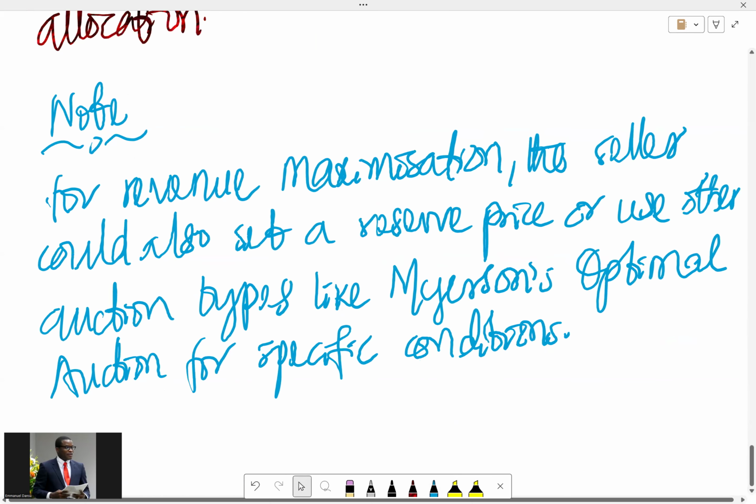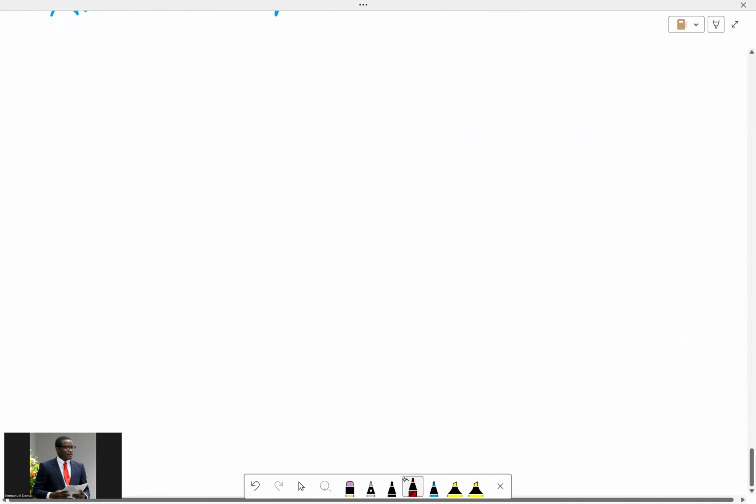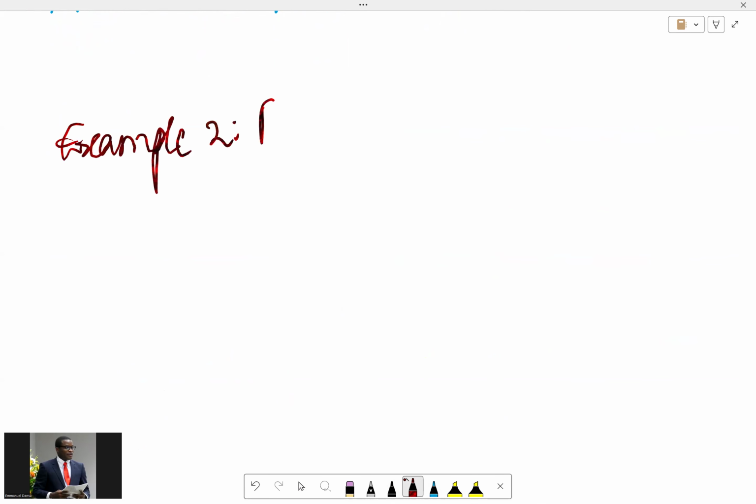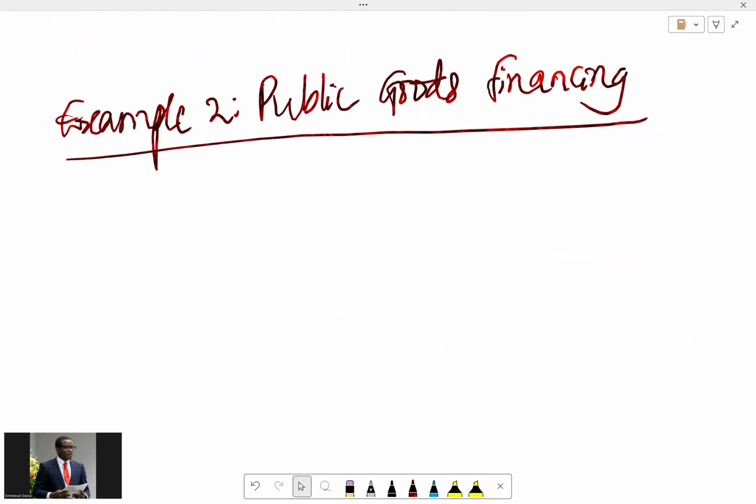Okay, so let's take another example to see how this really looks. Say example two. For example two, we are looking at public goods financing. So maybe financing a road project, a park, transportation and things like that.